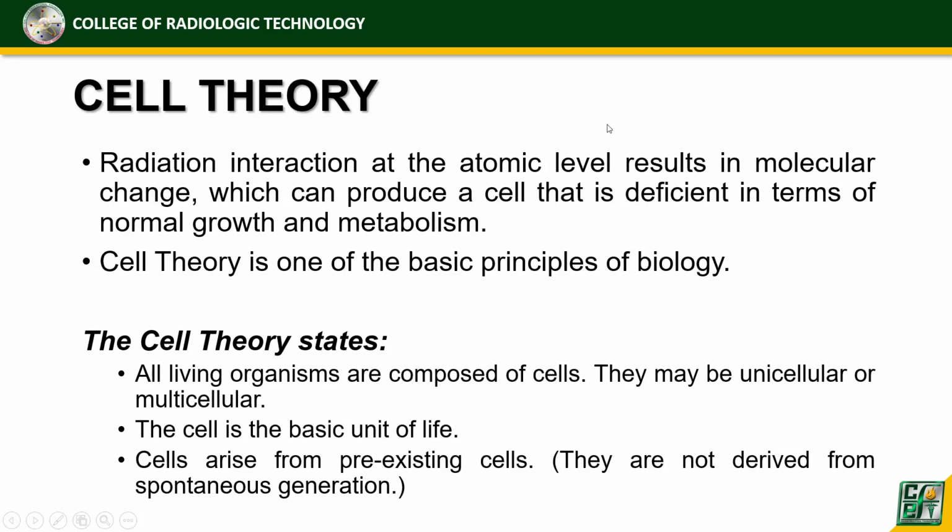The cell theory states that all living organisms are composed of cells. They may be unicellular or multicellular. And the basic unit of life is the cell. Then cells arise from existing cells.